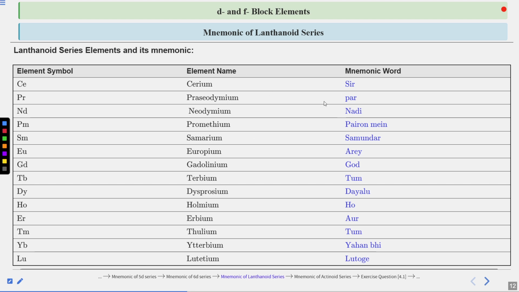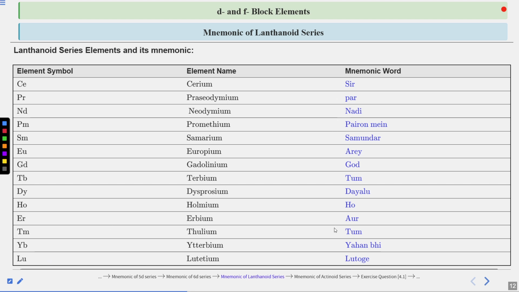Sir is related with cerium, per is related with praseodymium, nadi is related with neodymium, Parome is related with promethium, samundar with samarium, array is for europium, the symbol is EU, god is for gadolinium, GD, tum is for terbium, that is TB, dayalu is for dysprosium, that is DY, ho for holmium, that is HO, or for erbium, that is ER, tum for thulium, that is TM, यहाँ भी for ytterbium, that is YB, and lutoge is for lutetium, that is LU.